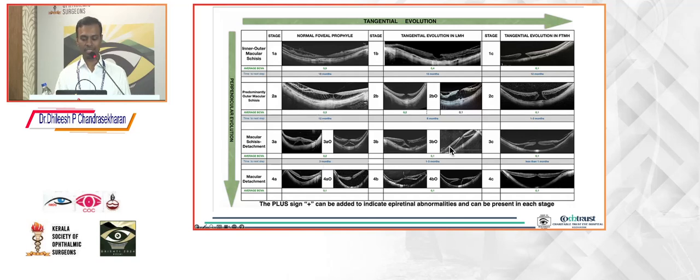Any pattern which is a mixture of these can be described like this. Like in stage 3BO, you would have a stage 3 which is the macular detachment, and stage B which is a small inner lamellar hole along with a small outer lamellar hole that you can see here. So that's how you describe the disease.